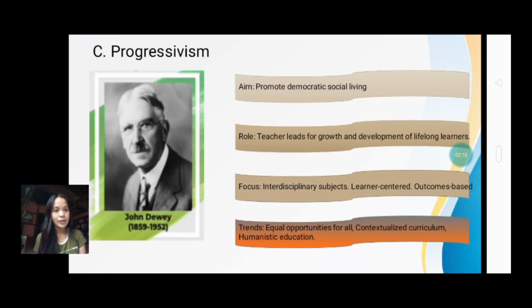The role of education: teachers lead through growth and development of lifelong learners. The focus in the curriculum is interdisciplinary subjects, learner-centered and outcome-based. The trend is equal opportunities for all constituencies and humanistic education.